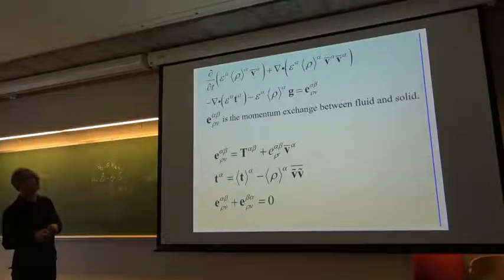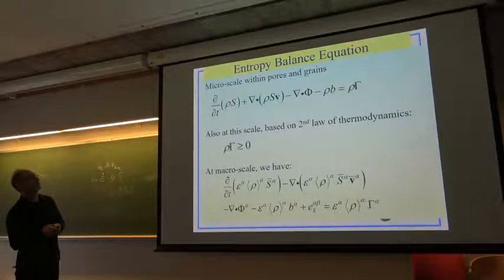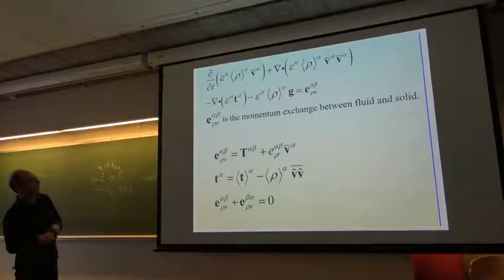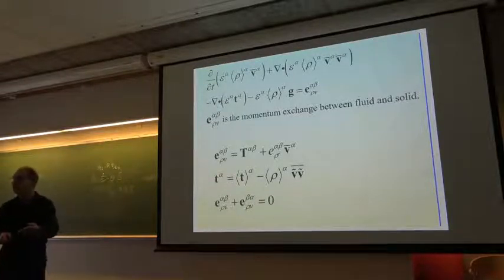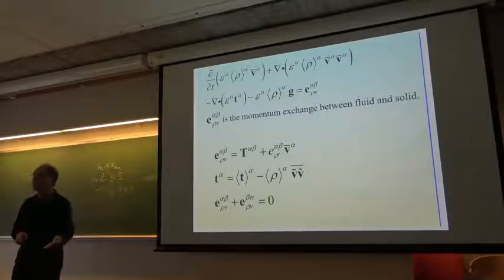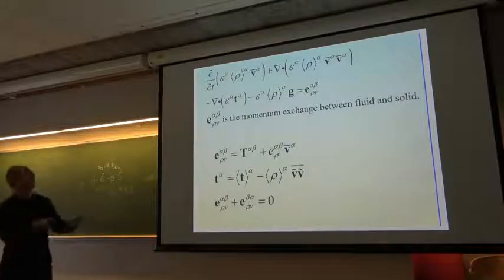Okay. Now, if you're happy with that, then I can do the same for the energy balance. You can do that, and you get basically, please note that these balance laws are very similar to the porous scale balance law. It has the same form.